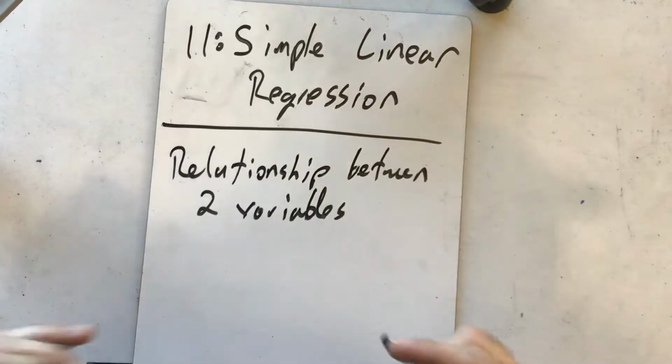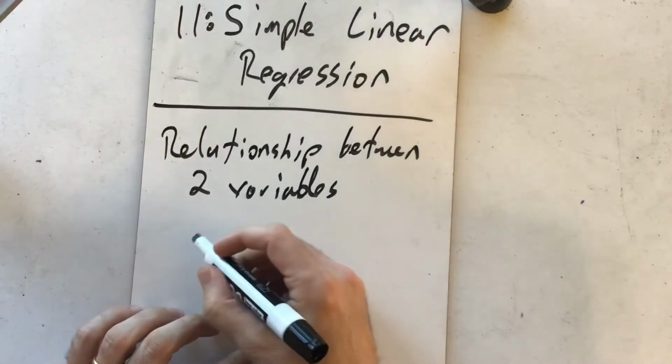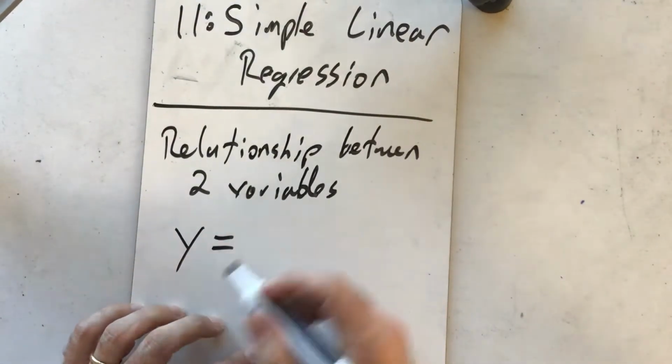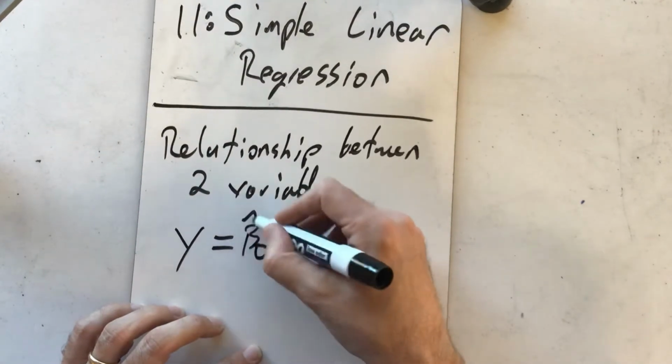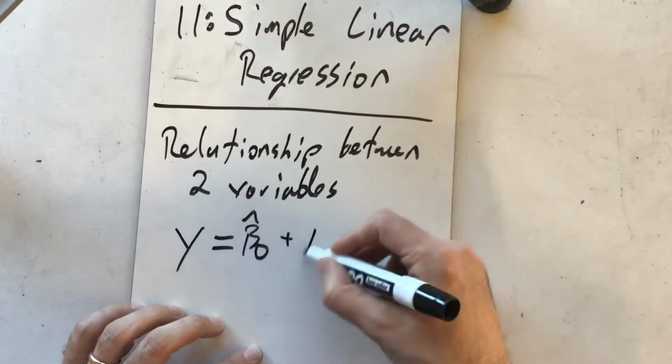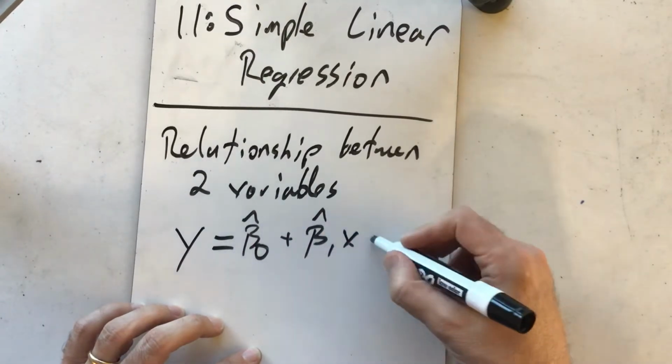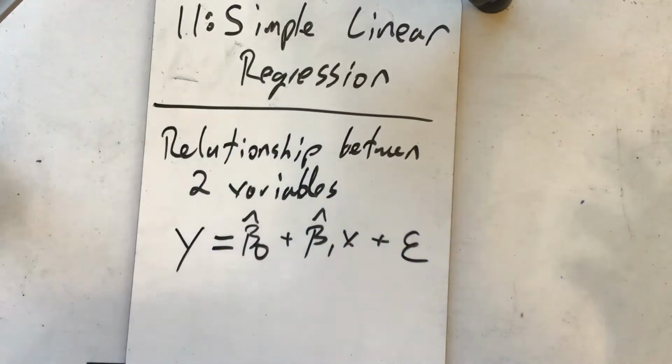In this section, your textbook always talks about the relationship between these two items using an equation. The equation they write is y equals beta naught plus beta 1 hat x plus epsilon. First, let me apologize. These letters are just like a jumbled mess. I don't know why they picked those letters.